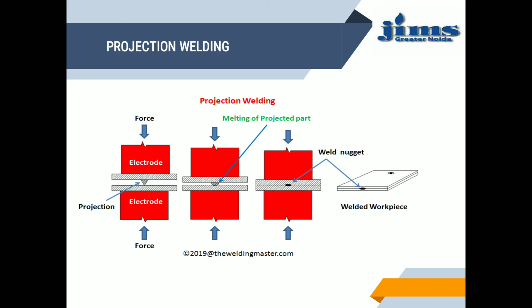Electrodes, instead of having a tip as in spot welding, are flat and relatively larger in surface area. The success of projection welding depends on surface preparation of the workpiece to be welded.